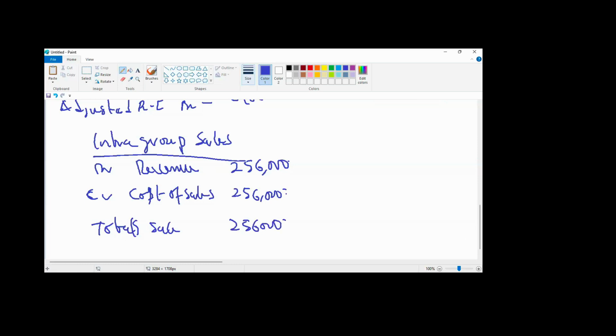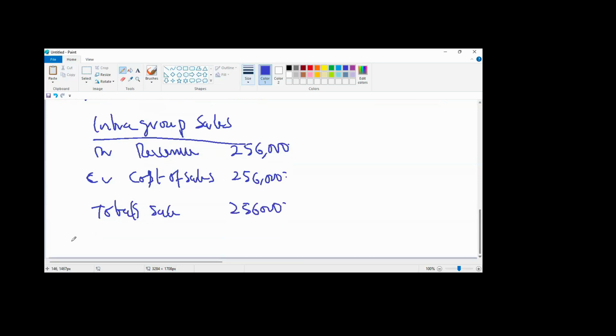Out of this total sales, how many has been sold? 166.4. So I can get the value of unsold now: 89,600.